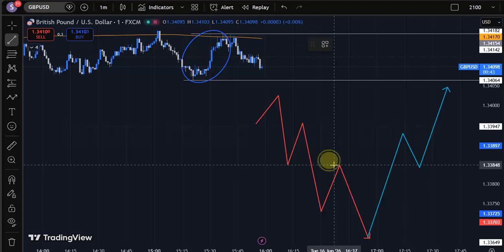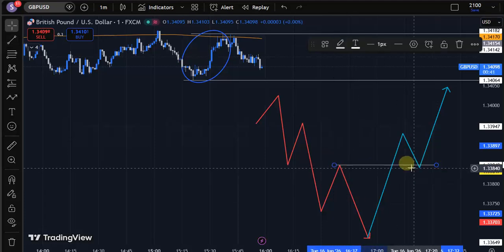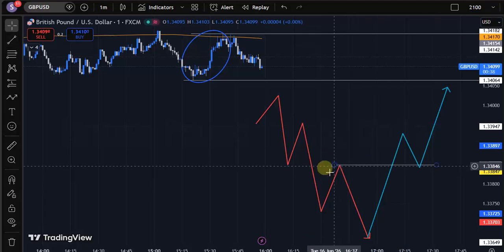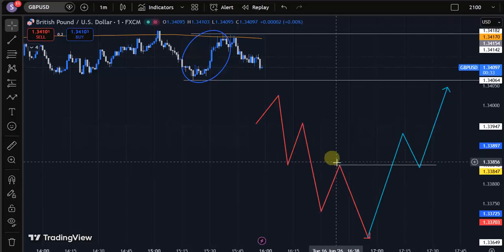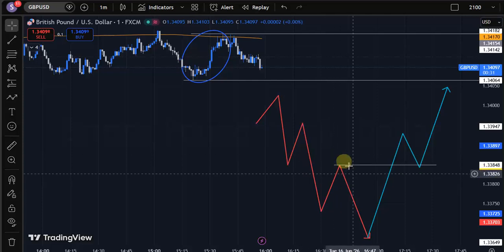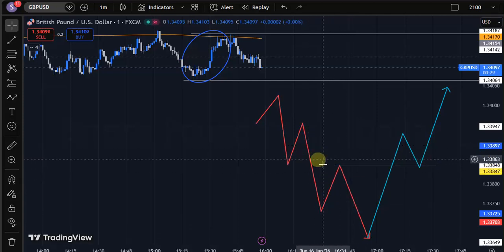This was the high responsible for the low. This high, the one that I'm circling or showing you, this is where the market changed structure.